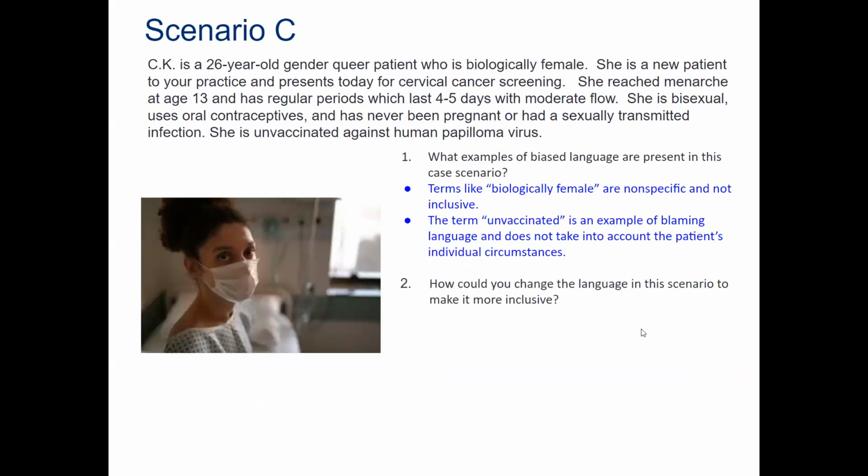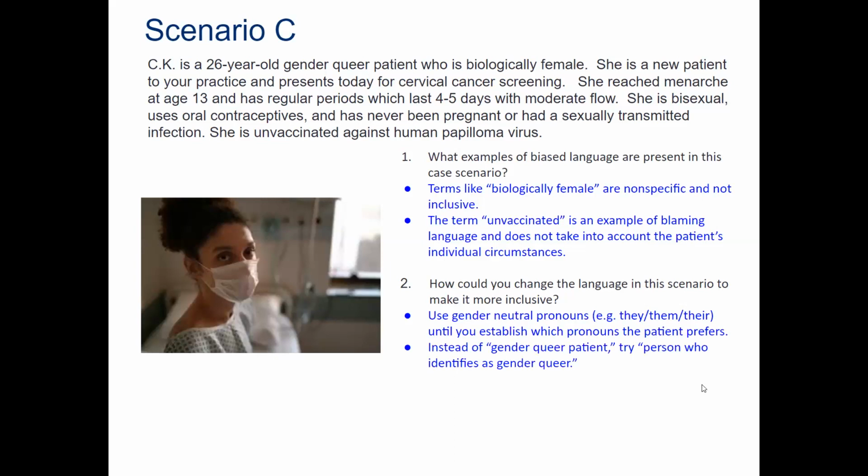To make the language in this scenario more inclusive, we should use gender-neutral pronouns such as they, them, and their until establishing which pronouns the patient prefers. Instead of genderqueer patient, we can say person who identifies as genderqueer.